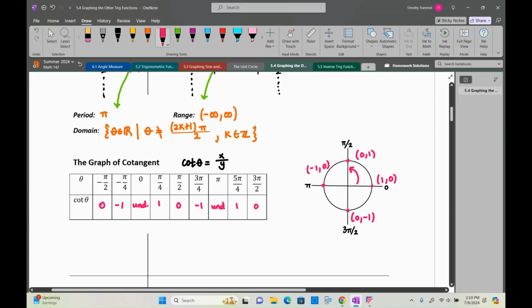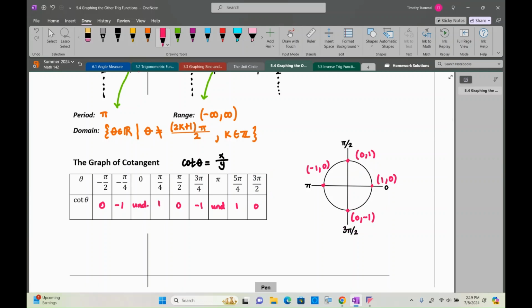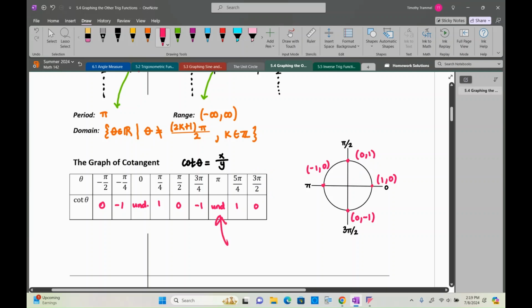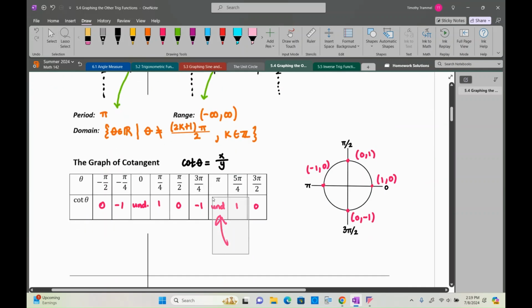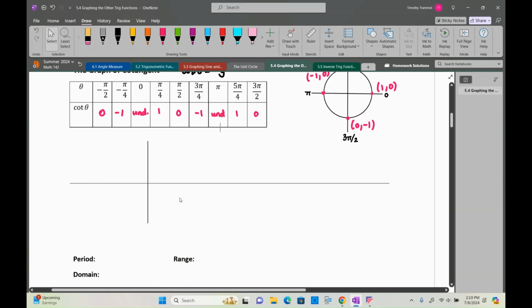All right. And you can double check some of those. Like, for instance, the 3 pi over 2. If we do x over y, we get 0 over -1, which is 0. And if we check out what tangent of pi was, it better have been 0. And it was. 1 over 0 will result in this being undefined. So we filled that out. Let's go ahead and try to make a sketch of this one here too.